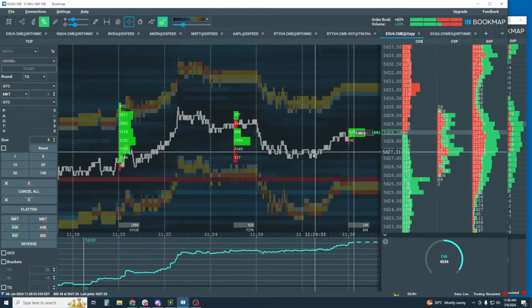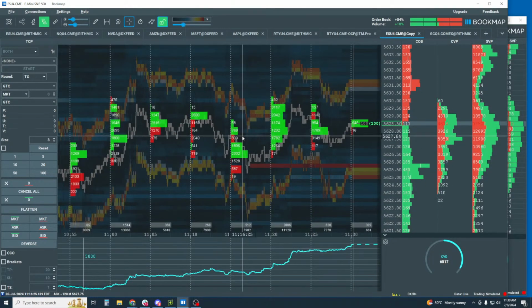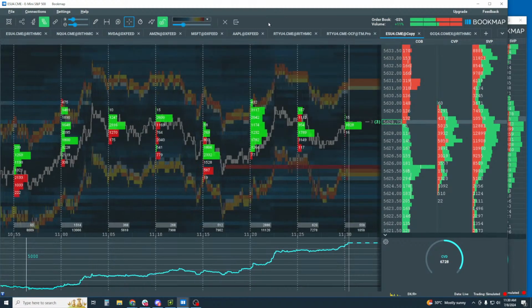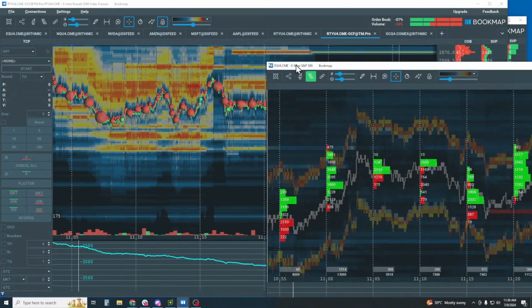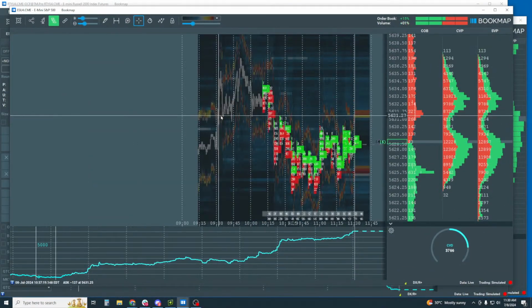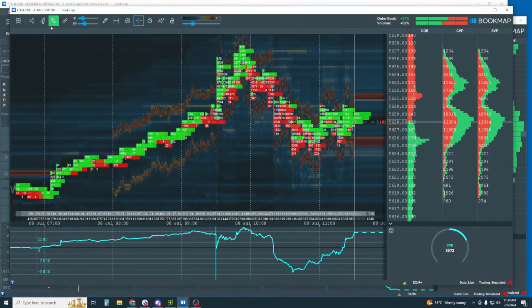I do have just last transaction here, this gray line. If you guys like this for footprint, then let's close up the trading for it. Then you can pop this out again and put it into a different monitor, and you've got your footprint chart in here. Now you'll have to configure it the way that you want, and let's do that.